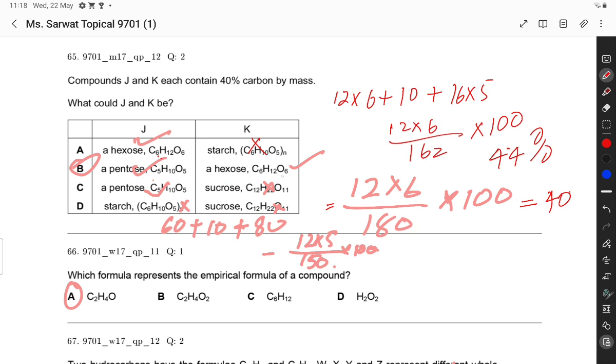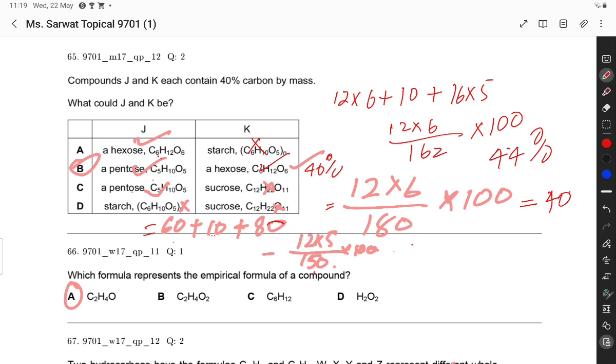So C5H10O5, this is 40%, correct. C5H10O5 is equal to 12 into 5 is 60, plus 10, and 5 16s are 80, so this is 150. 12 into 5 divided by 150 is equal to 0.4 into 100, equal to 40.